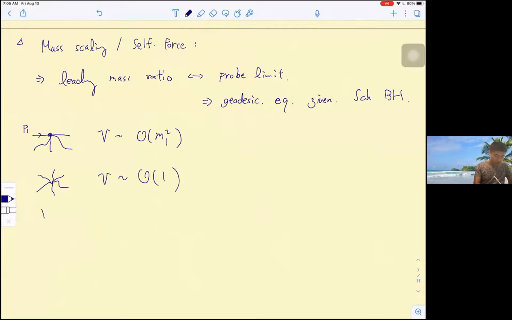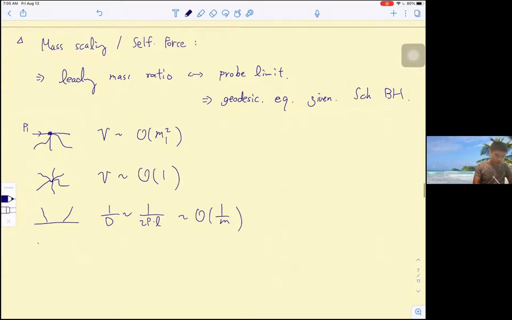On the other hand, the matter propagator scales as 1 over p, so it goes as 1 over m. And similarly the graviton propagator just scales as 1 over q, so in terms of mass it scales as order 1.